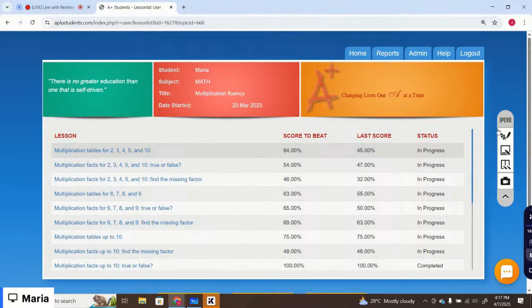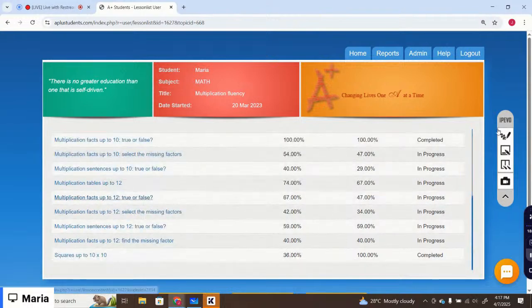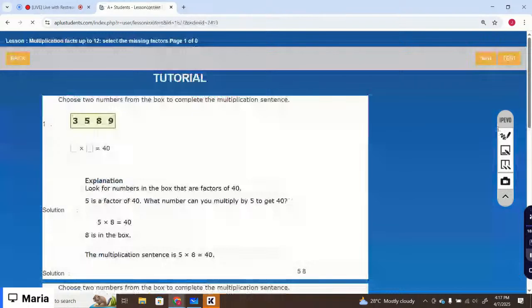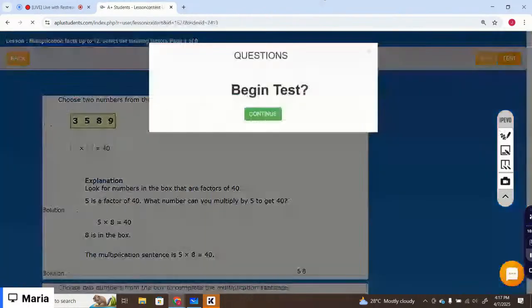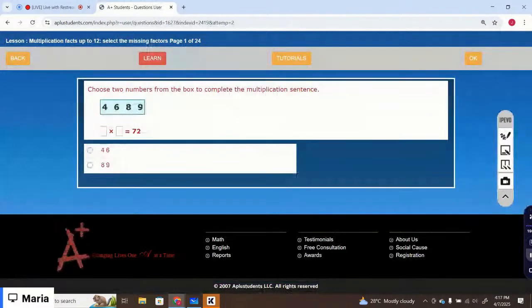The next lesson is multiplication facts up to 12, find a missing number. Let's just start with the test questions so that I can do more questions. Choose two numbers from the box to complete the multiplication sentence. So which two numbers have the product 70?